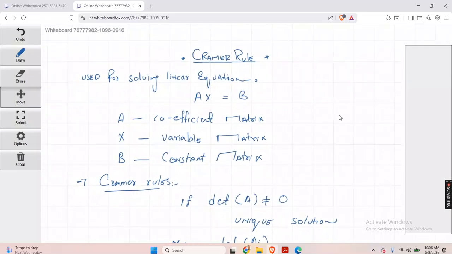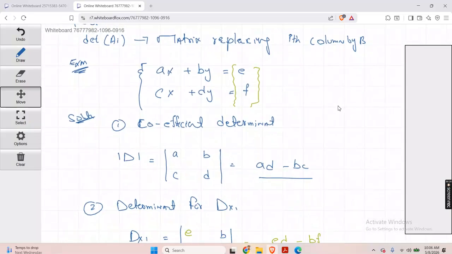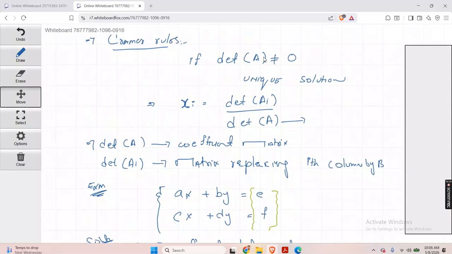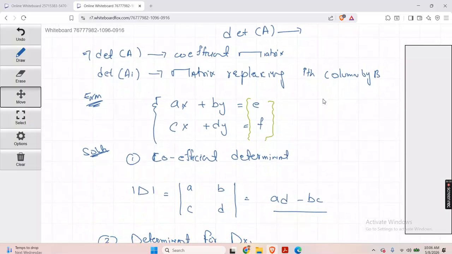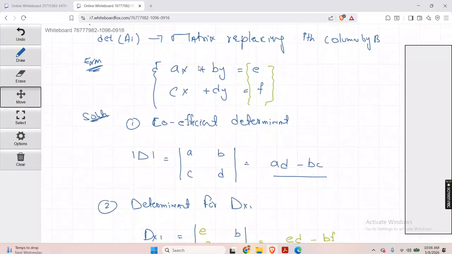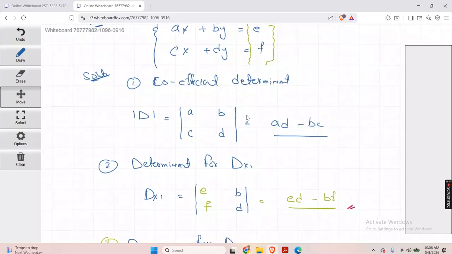So what we did today, we start from the Cramer rule. For example, Cramer rule is saying that when determinant is not equal to 0, it has a unique solution. And this is, let's say, one linear equation. First, you have to find the determinant.